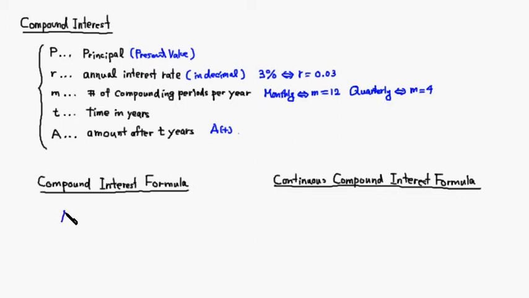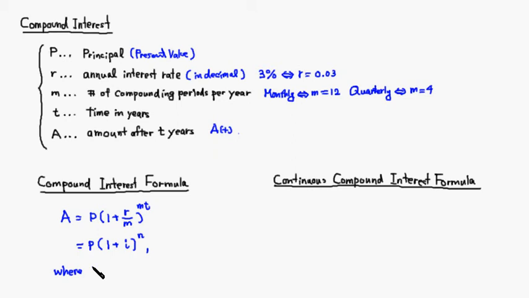The future value, or amount after T years, A, is equal to the principal times the quantity 1 plus the annual interest rate divided by the number of compounding periods per year, raised to the MT. Sometimes we use the notation P times the quantity 1 plus I, instead of R over M, and N instead of MT.